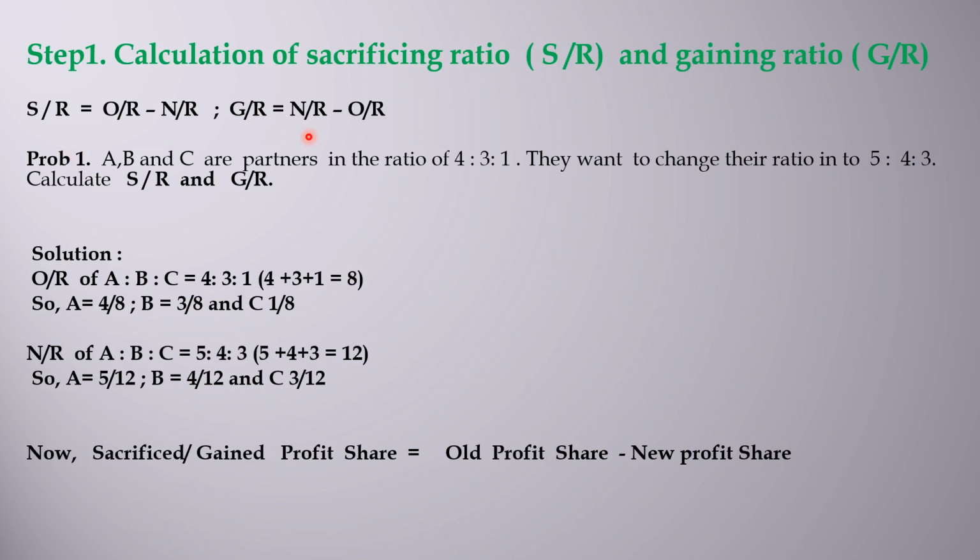It may be reversed when new is greater than old. Suppose new is 120 and old was 100. So it is called gain. When new is greater than old, it is gain, and when old is greater than new, it is sacrifice. So we consider one example here, one problem.